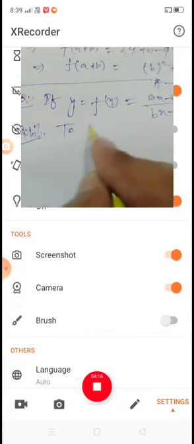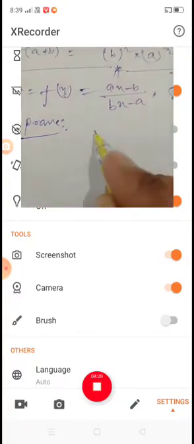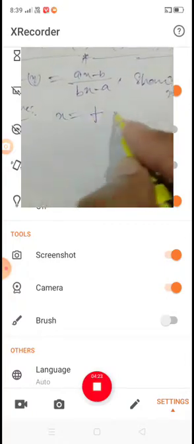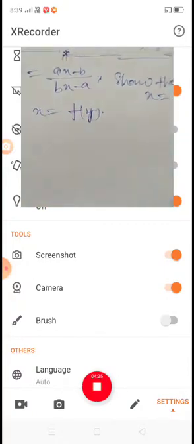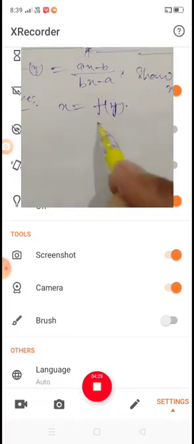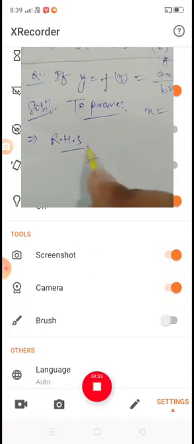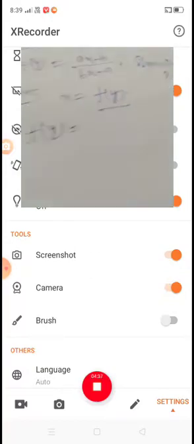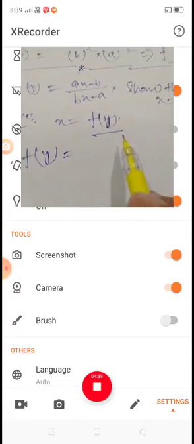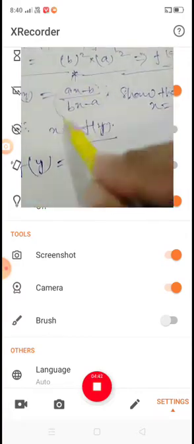To prove x is equal to f of y, we take the RHS. We take the RHS as f of y, and according to the given context, y is equal to (ax minus b) upon (bx minus a).